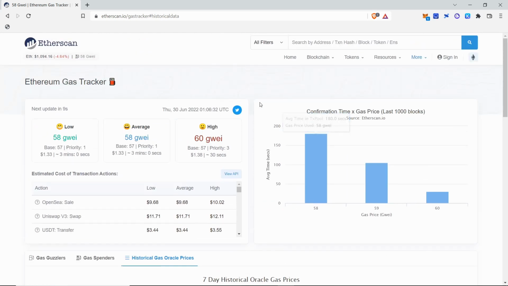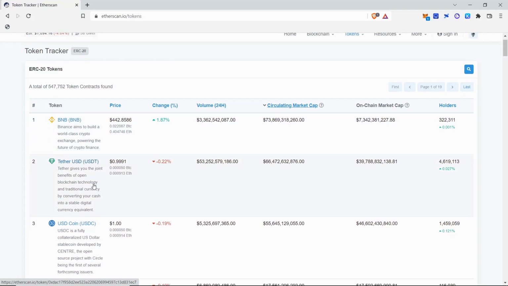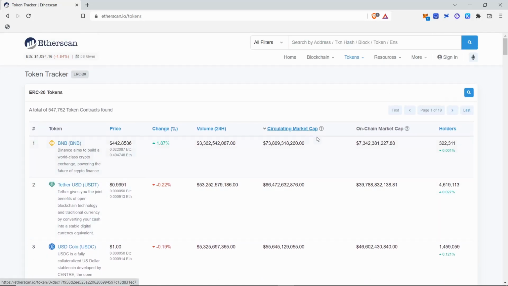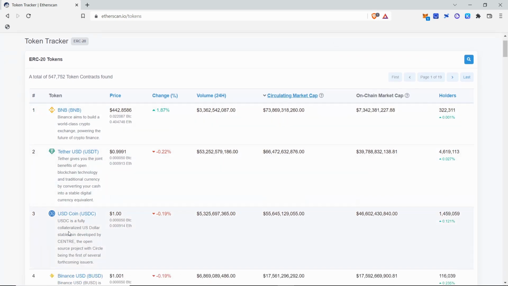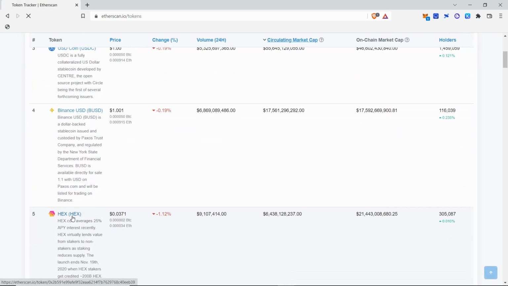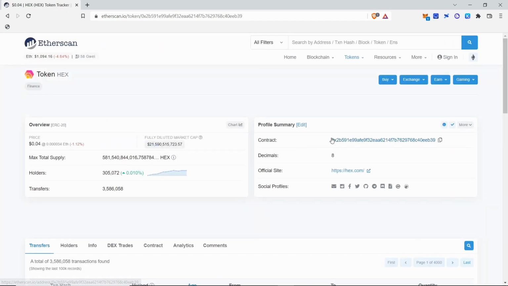A key feature that we're going to be using is the token feature. You can essentially search up any ERC20 token, or you can go here and look up the top ERC20 tokens, and you get a lot of key information on them. Up here, you can look up the max supply and the number of tokens, and even the contract address, so you can verify whether it's legitimate or not.